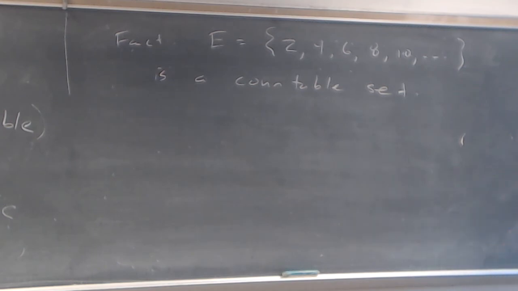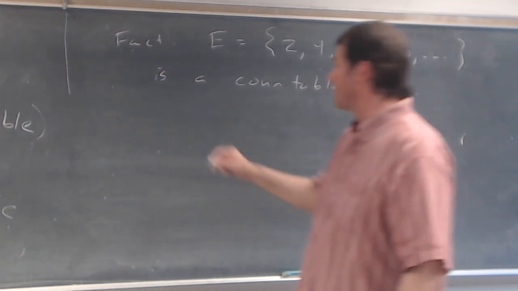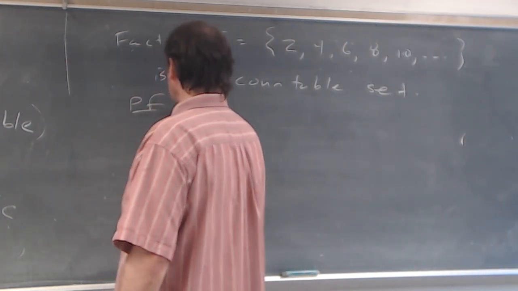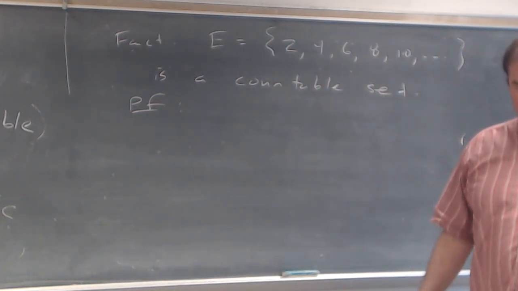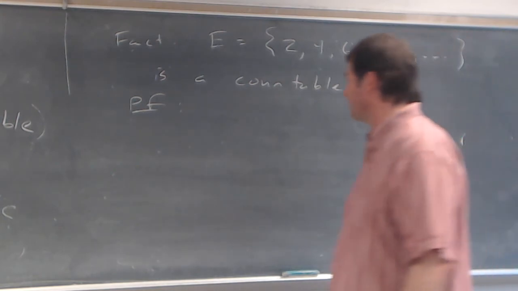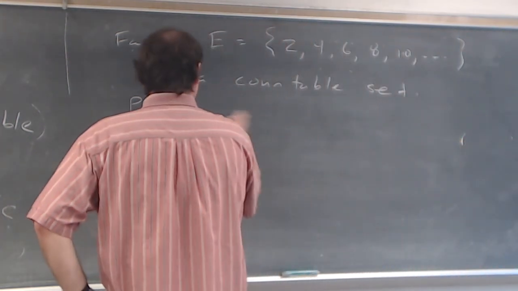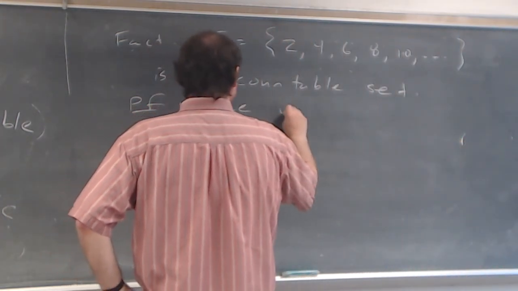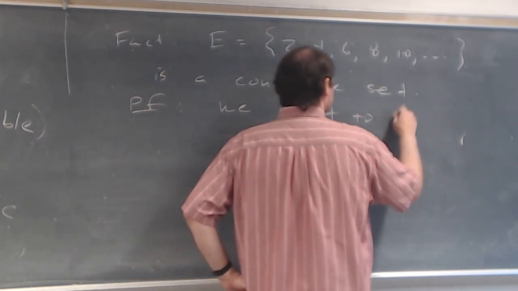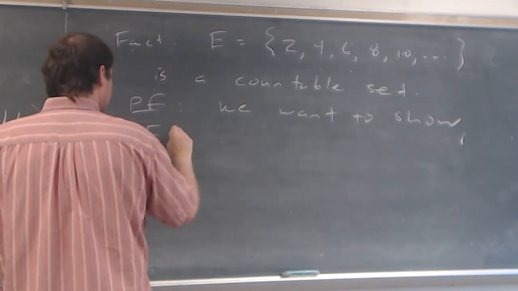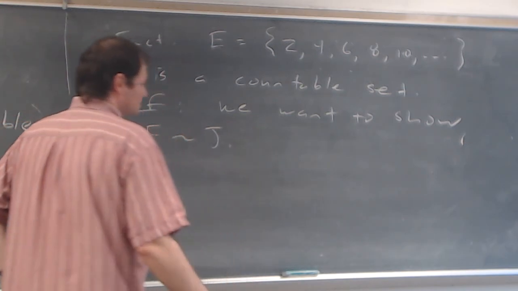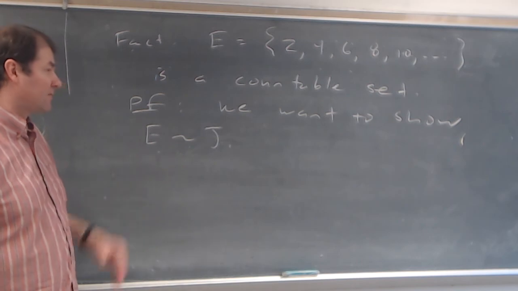Okay, how do I show this? How do I prove this? Well, let's remember what it means to be countable. It means that the set is equivalent to the set of natural numbers, which we're denoting by J. So here, we want to show E is equivalent to J. And that's the same thing as showing J is equivalent to E.